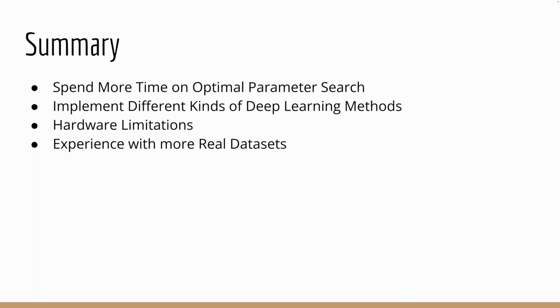So in summary, it would have been better if I was able to spend more time on finding the optimal parameters, coefficients for each of the models. I already spent significant time on the SARIMA model, and it was difficult to find the perfect coefficient parameters just because the dataset was extremely large, and this also goes in line with my third bullet, which is that I had hardware limitations.